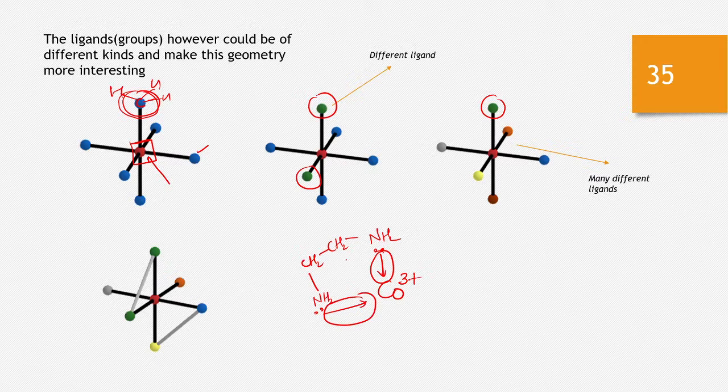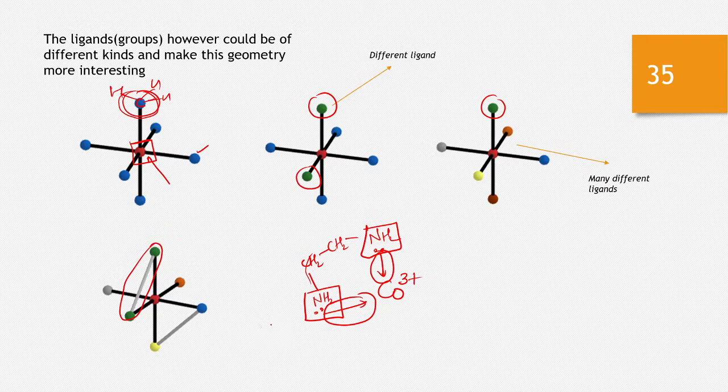So I will use this kind of notation for ethylene diamine kind of molecules, which are symmetric because they are getting attached from the same kind of atom, and they are interconnected.